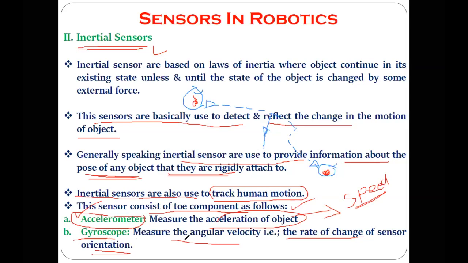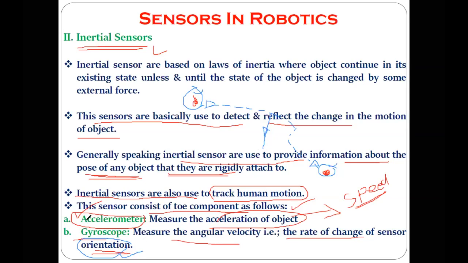Because the gyroscope determines the orientation. Orientation in the sense, what do you mean by orientation? The direction in which you are moving, the direction in which the object is moving, that is referred to as orientation. Understood?